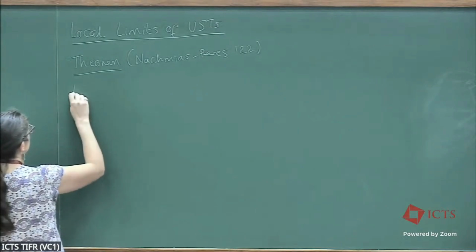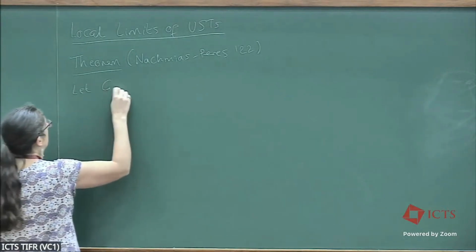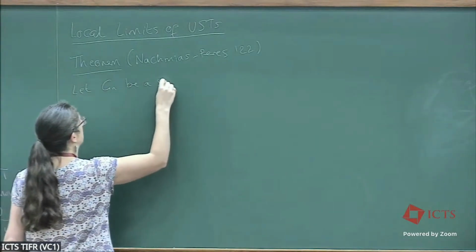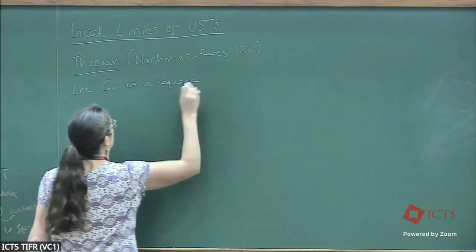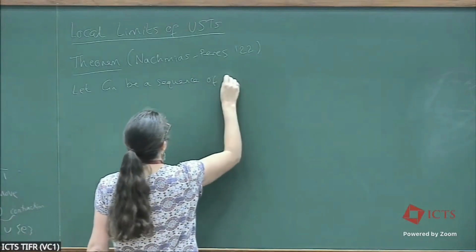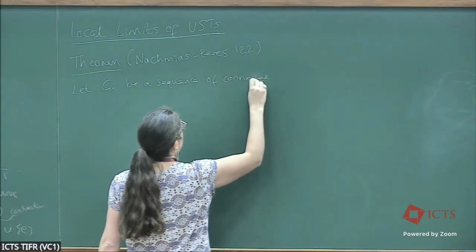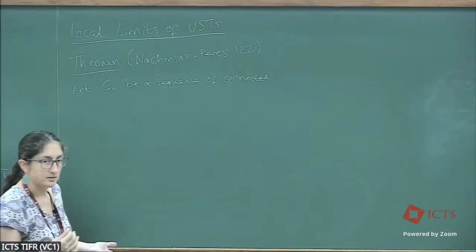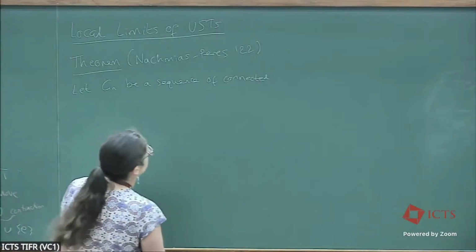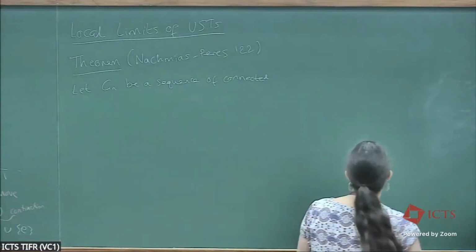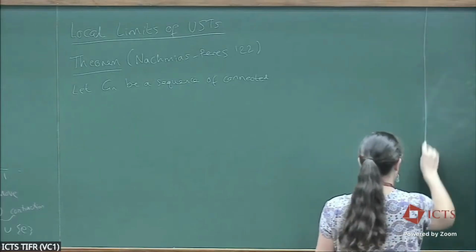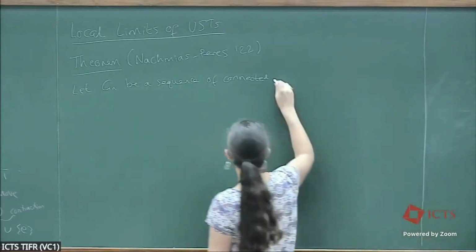So we let Gn be a sequence of connected graphs. I might not say it, but all my graphs will be connected, otherwise I cannot take a spanning tree.